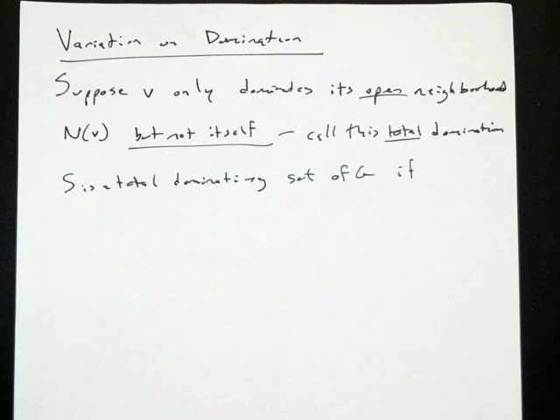So if I have a vertex, I've covered everything around it, but I still haven't covered it until I include one of the vertices from that neighborhood.